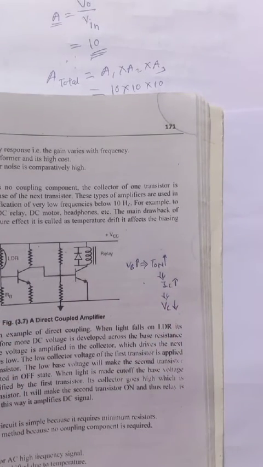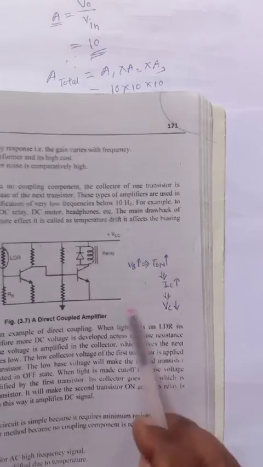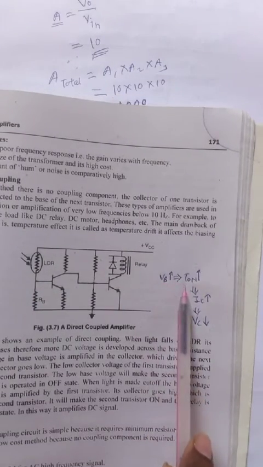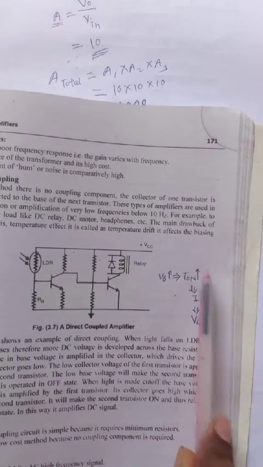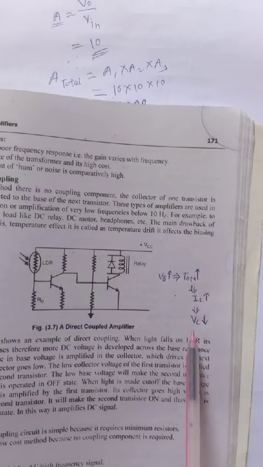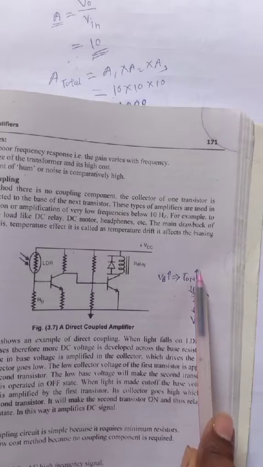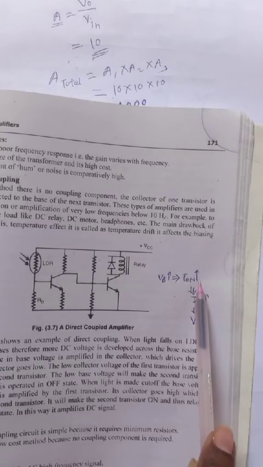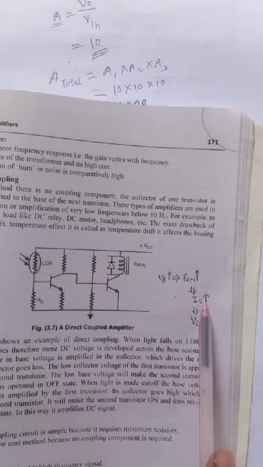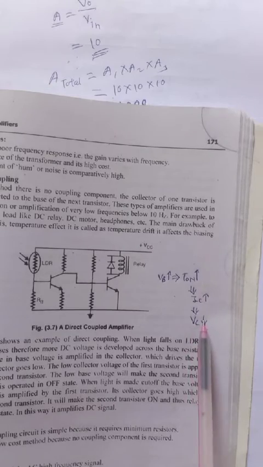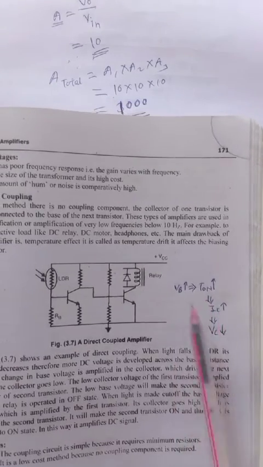So this is the turn on condition. When base voltage increases, the transistor turns on, IC increases, and VC, the collector voltage, decreases. If base voltage decreases, the transistor turns off, collector current decreases and this VC increases. So this is the action of this NPN transistor.